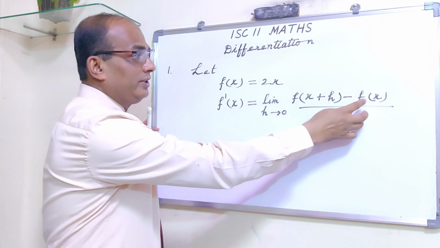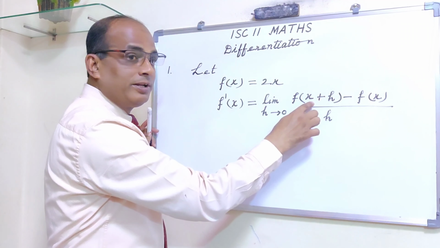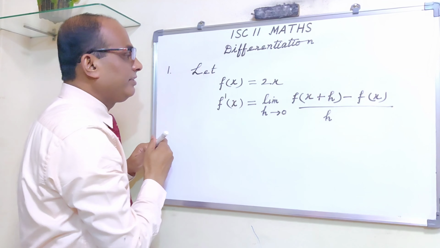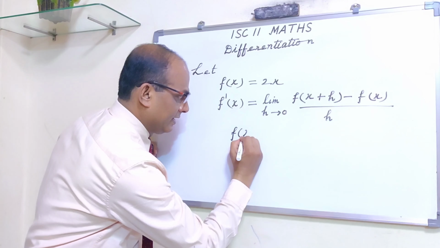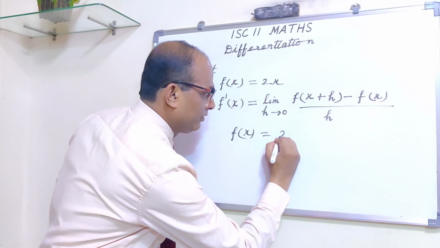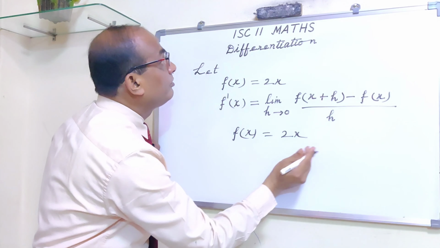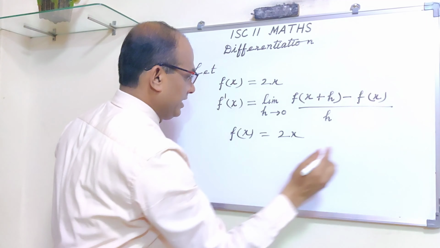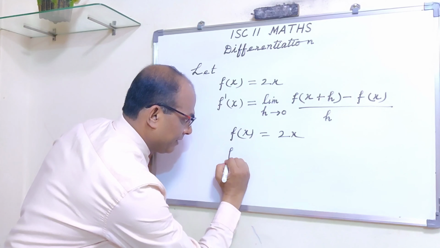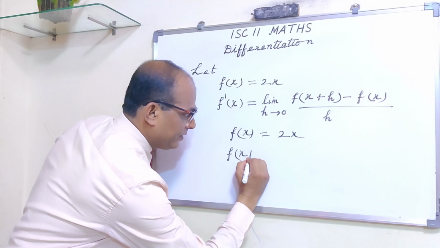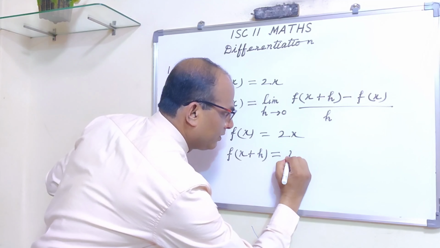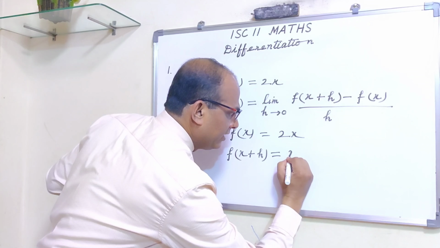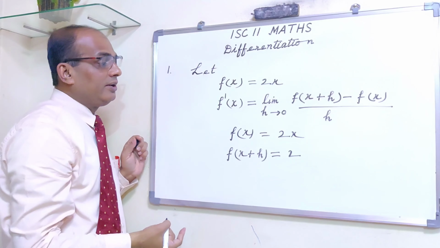Let's write down the values. f(x) we have, we'll find out f(x plus h), and then we'll substitute here. So f(x) is equal to 2x, given. Now we find out f(x plus h). In place of x we'll write x plus h.